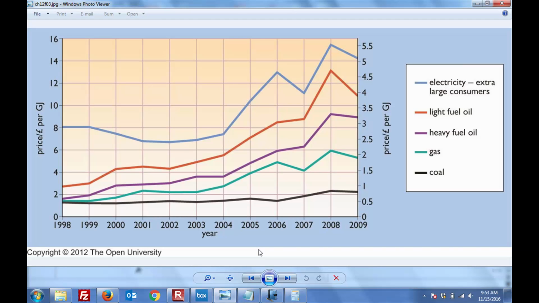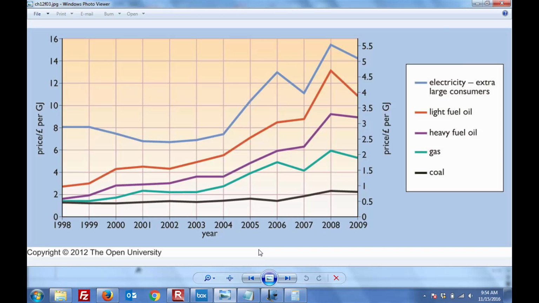Okay, so now we're looking at the price, and this is pounds per gigajoule. Again, we've got electricity right there at the top. Light fuel oil is more expensive. Heavy fuel oil burns dirtier, less expensive yet.